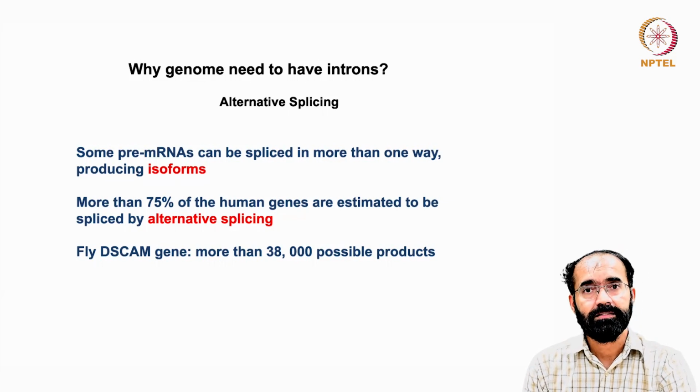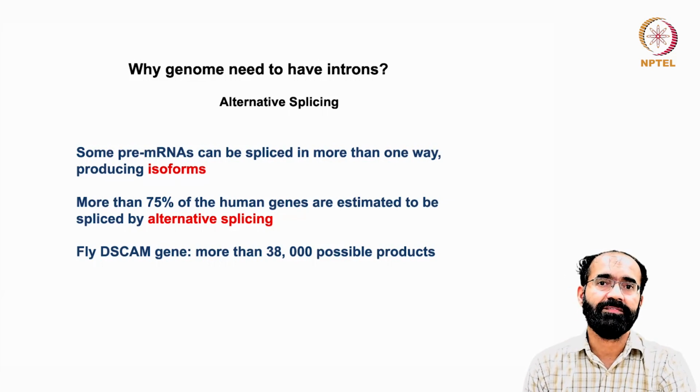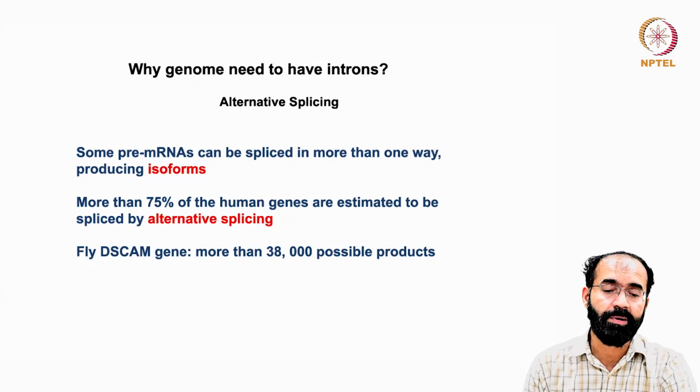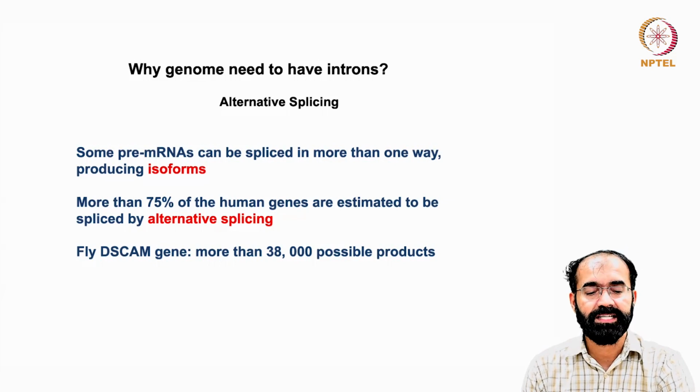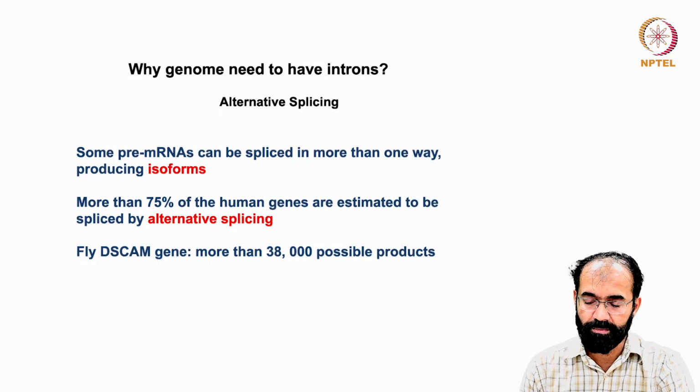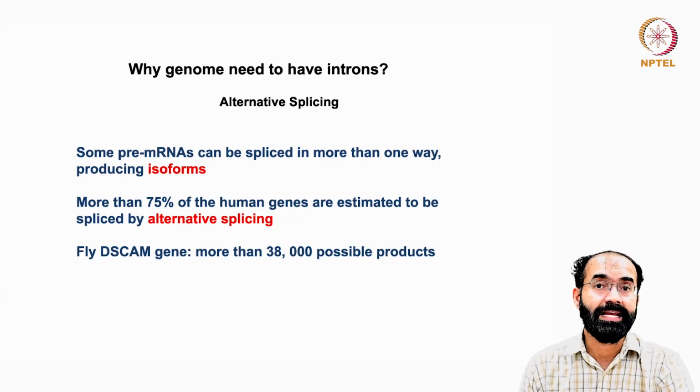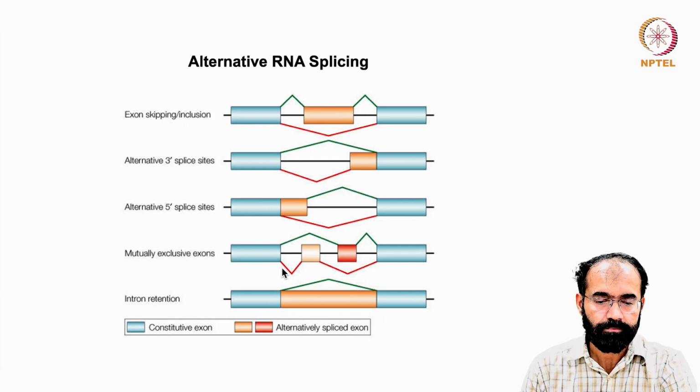So this extra 75,000 genes could have come from alternative splicing only. That is why more than 75% of human genes are believed to be alternatively spliced. As an example, we have seen the Drosophila Dscam gene, where more than 38,000 possible transcripts come out of a single mRNA.